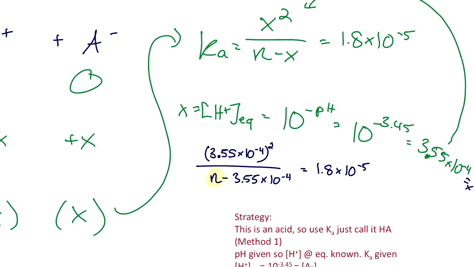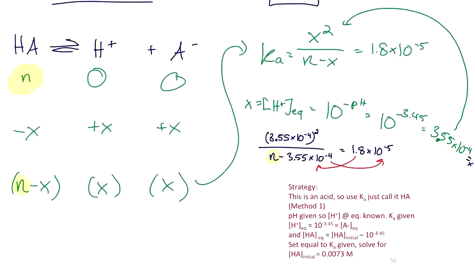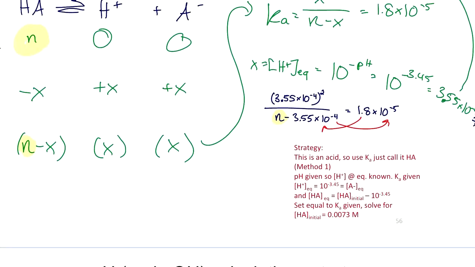So I'm going to move some stuff around. I'm going to bring that one over here and that one over there. I didn't do the math here. Okay, so 3.55 E negative 4 squared divided by 1.8 E negative 5. That side of the equation I'm moving over here is 0.0068, equals N minus 3.55 times 10 to the negative 4.